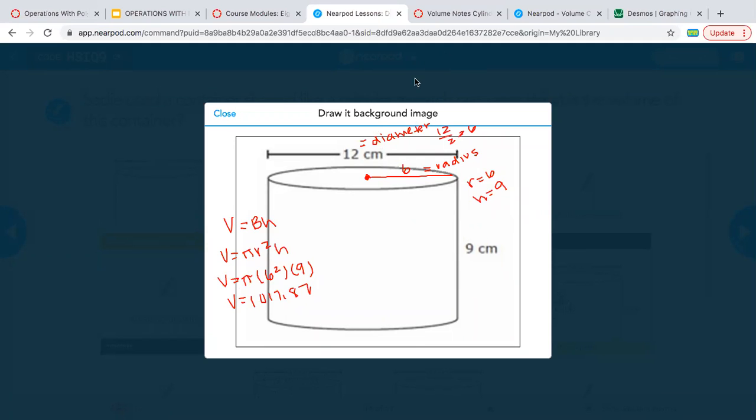So V equals capital B times H. Capital B is the area of the base. The area of a circle is pi r squared, times height. Pi times 6 squared times 9. And you should have gotten this.